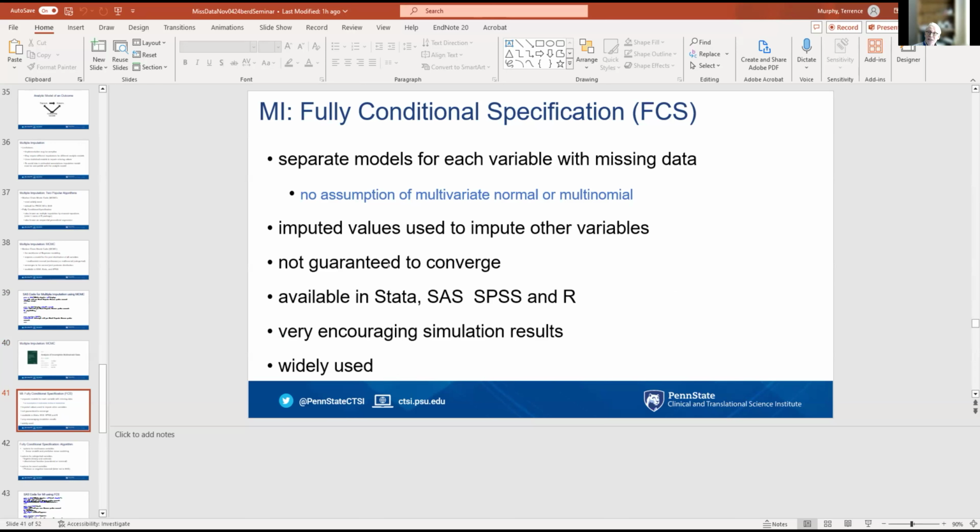Mathematically, it is not guaranteed to converge. So it does not have the elegance of the MCMC algorithm or maximum likelihood. It is widely available. Even though it has not been shown rigorously to converge, simulation results are very encouraging, and this is widely used. So it's very popular.